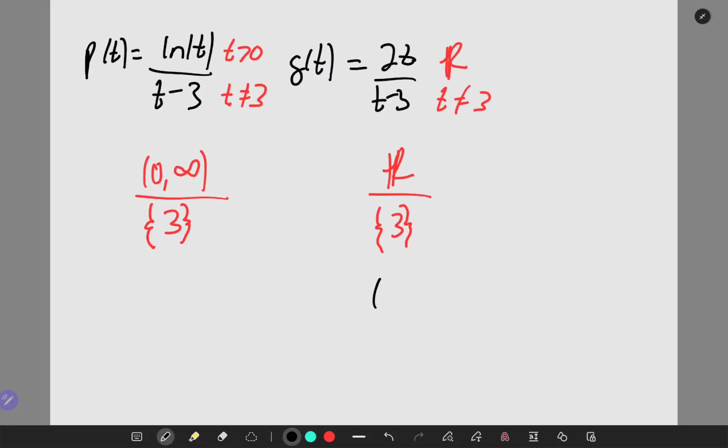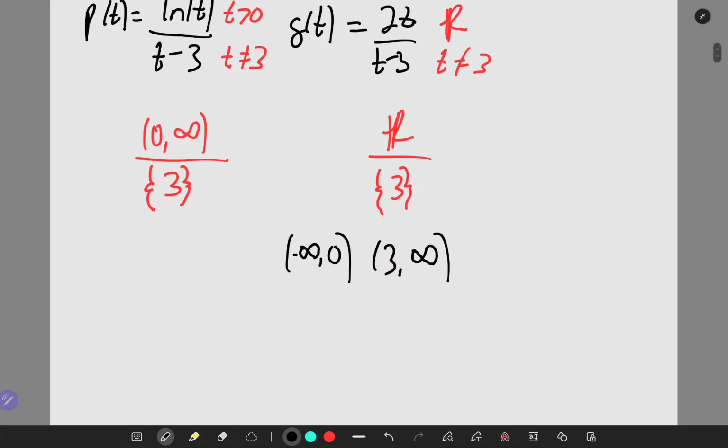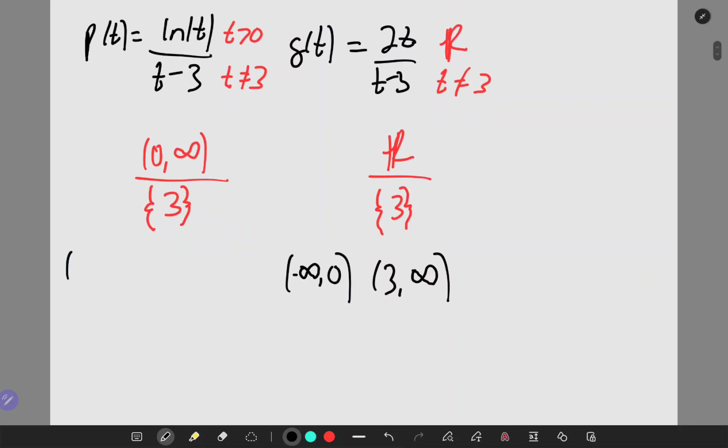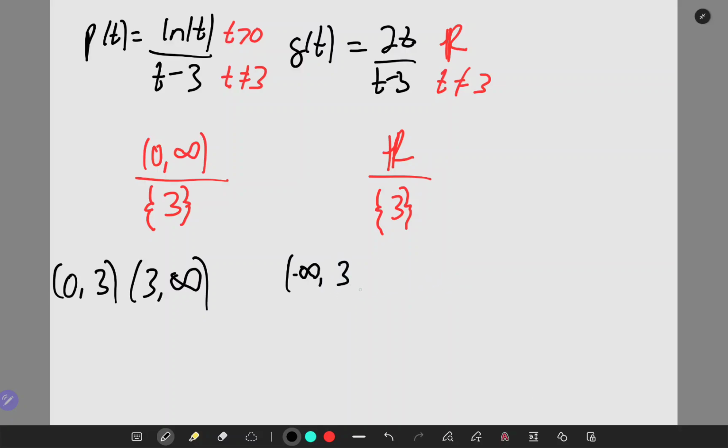This one is continuous from 3 to infinity, right? This is continuous on this, and it's also continuous here. Now this one over here is continuous on 0 to infinity. Well, actually 0 to 3, and then from 3 to infinity. Break at 3.